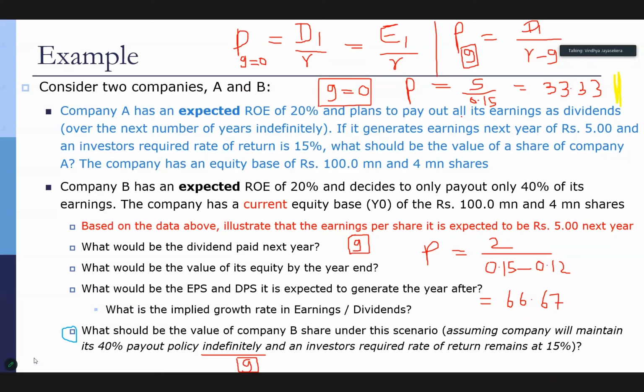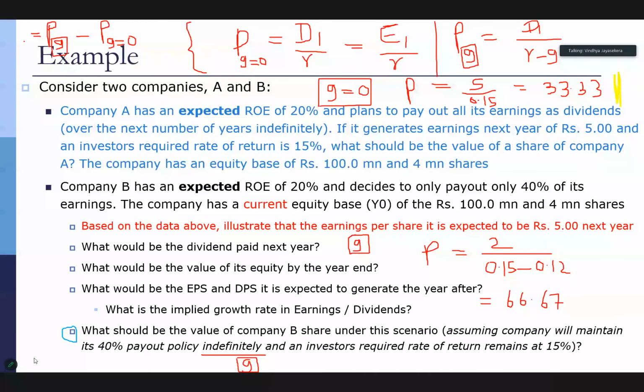Do you see, if I take the difference between these two: the price of my company, how much my company is actually worth assuming the constant dividend model, minus the value of my company if growth was zero, meaning the company was paying out all its dividends and not growing at all.